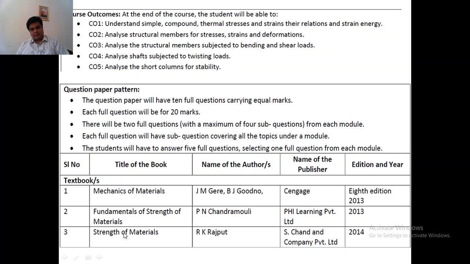The name is different but the content is the same, so you can refer to a strength of materials or mechanics of materials book. Many books are suggested by your VTU, and you can refer to any of these.